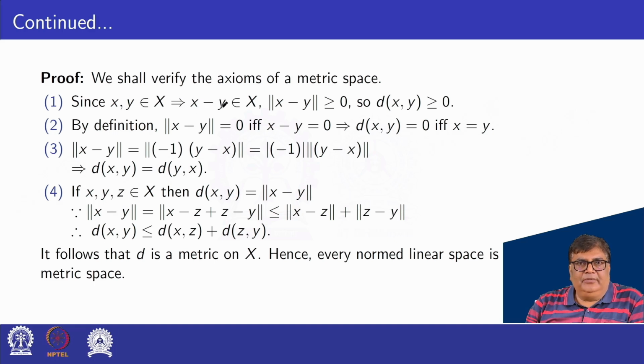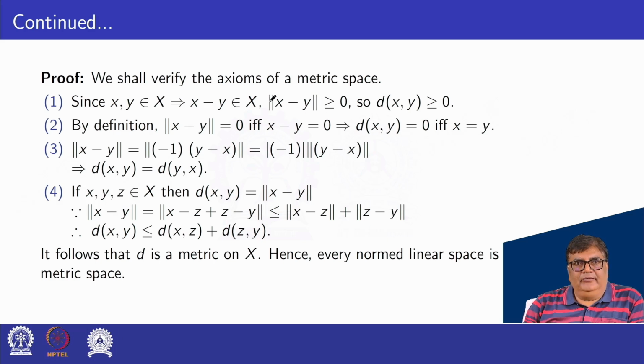So the sum of the two vectors is a vector, so x minus y belongs to X. So we can check all the properties of norm. Norm x minus y is greater than or equal to 0. This is the first property of norm.